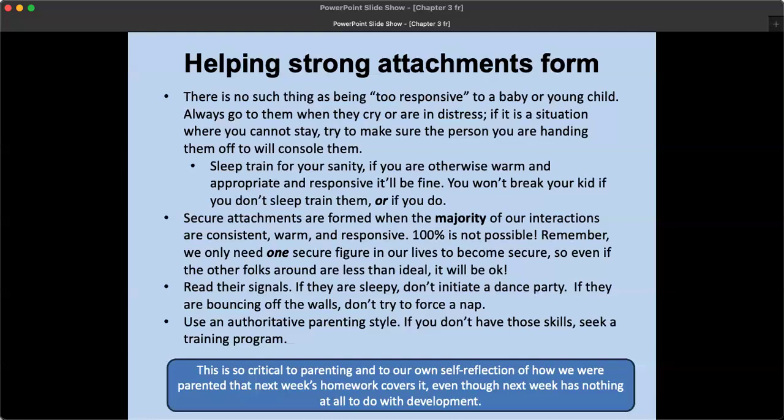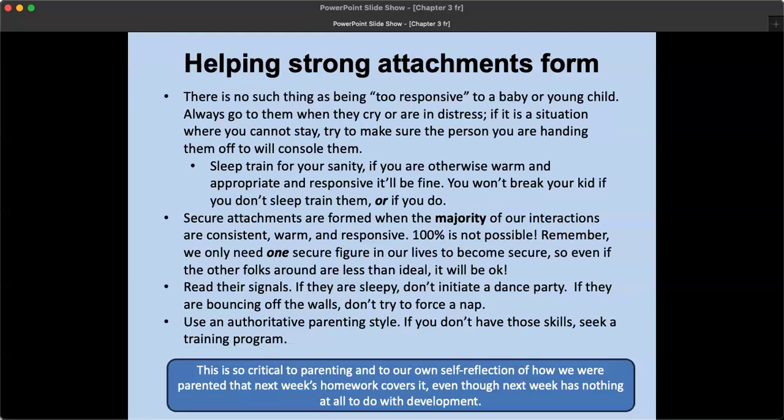So like, you're not going to break your kid either way. And part of the reason why is because caregiver responsiveness is never perfect. It is never a situation where you're always doing the right thing and always Johnny on the spot all the time.